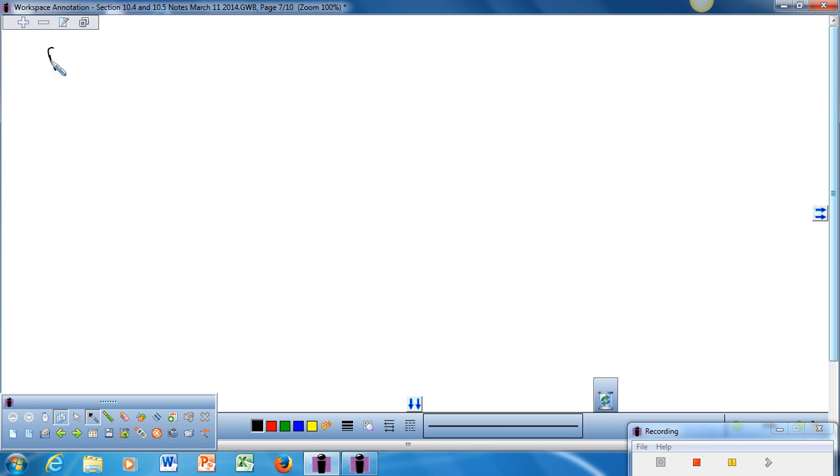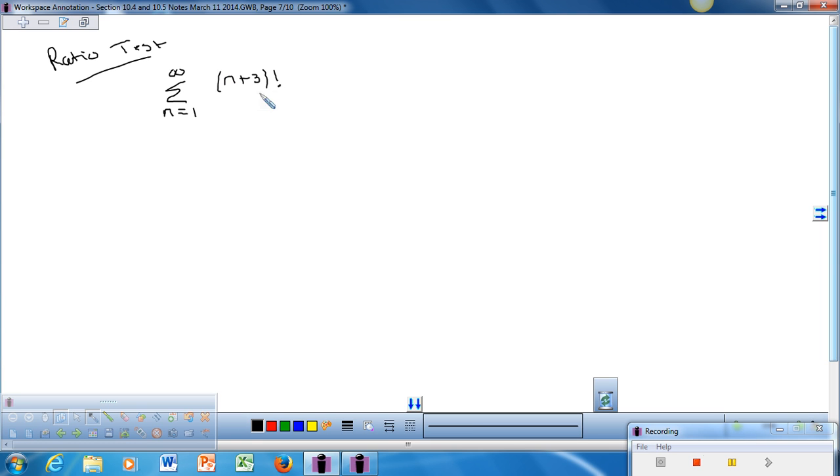And the ratio test example, I think it's example 5. What I've chosen for this one: we want to know if this series converges or diverges, the sum from n equals 1 to infinity of (n plus 3) factorial over 3 factorial, n factorial, 3 to the n.